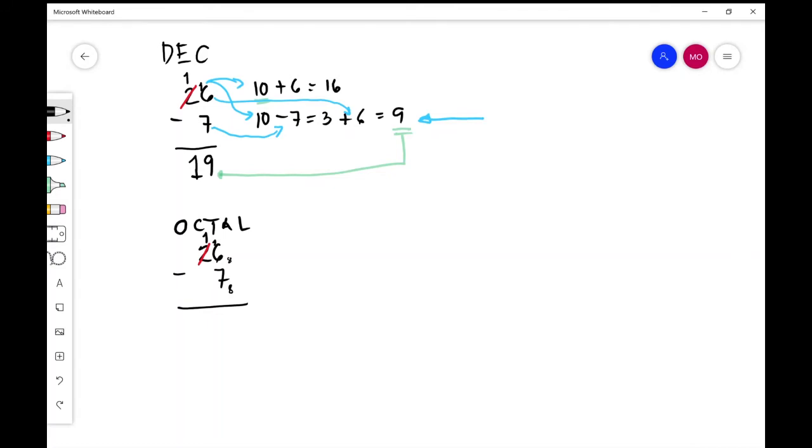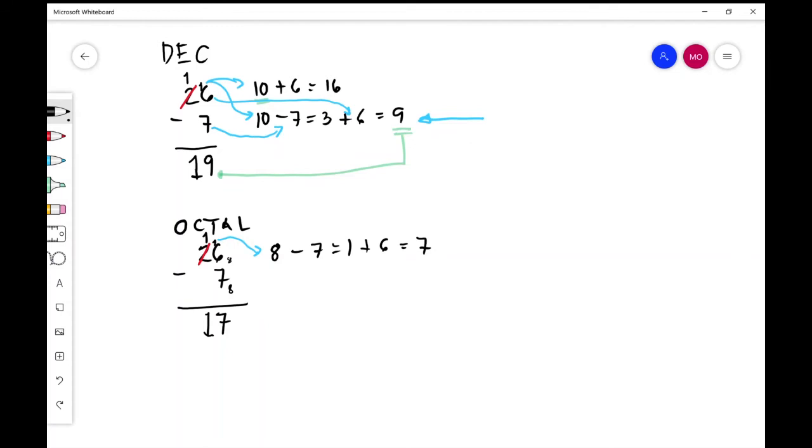The 16 octal, if we're going to expand this, we get 1, which is no longer 10 but 8 because we are in base 8. So we subtract the 7 right away. You get a 1. And then whatever was left a while ago, which is 6, is added. You get a 7. Therefore, 16 octal minus 7 is 7. Okay, finally, 1 here minus nothing is equal to 1. Therefore, 26 minus 7 is equal to 17.